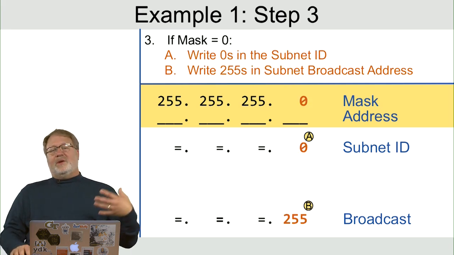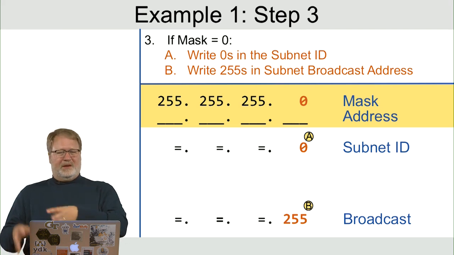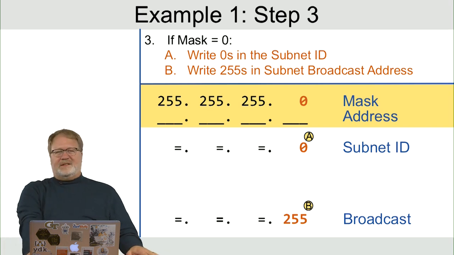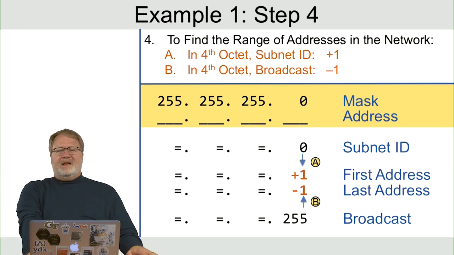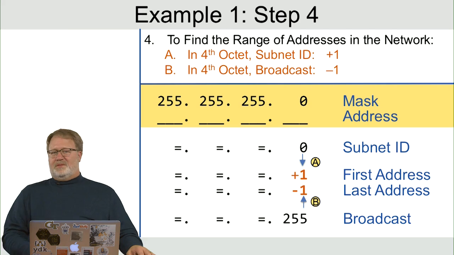At step 3, we key on octets that have a mask value of 0. In the bottom case, it's only 1 octet with a mask of 0. In that case, we write a 0 down for the subnet ID and a 255 for the subnet broadcast address. And then finally, to find the first and last addresses, you add 1 to the 4th octet of the subnet ID.